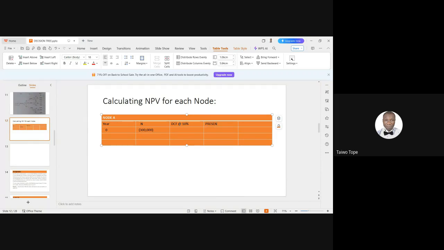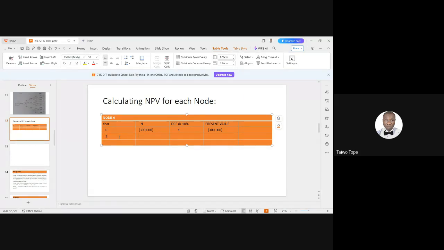Present value. So discount factor at year 0 will always be 1. So 1 multiplied by 300,000, negative. Still 300,000 negative.